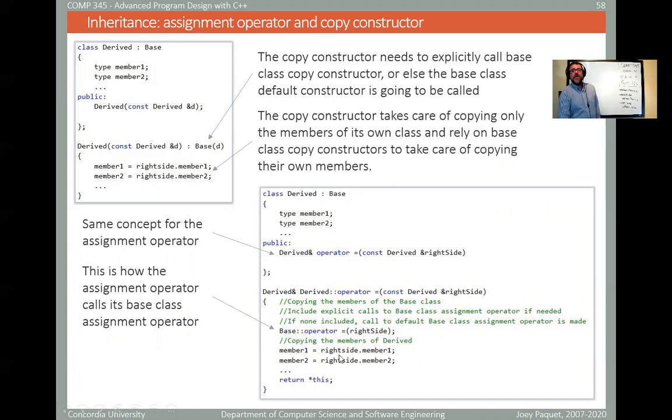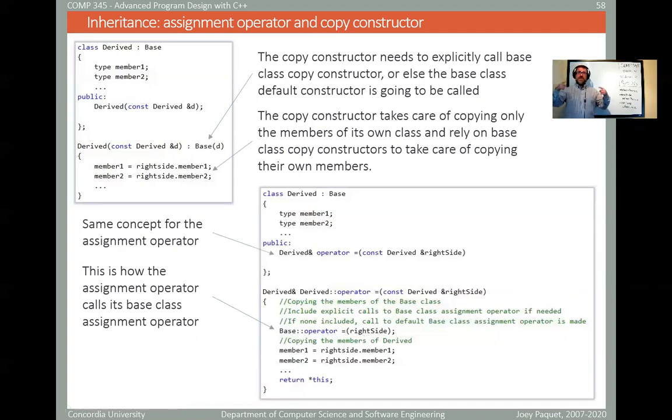And then, in order to take care of the members that are inherited, this is how you call the assignment operator of the base class. So here you are calling the assignment operator of the base class and passing this parameter to it.